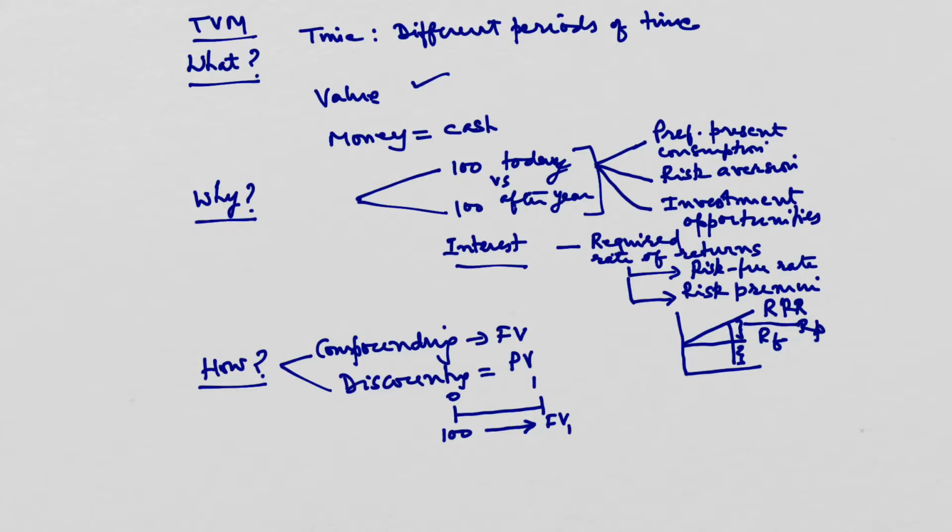So you need to know the interest rate here. That is the question when we are compounding. In the case of discounting or present value, let's assume that you receive 100 rupees after 1 year. And therefore, the question you are posing is, what is the present value of this money today?